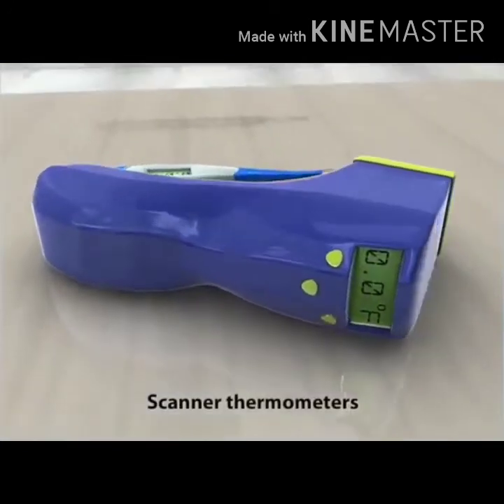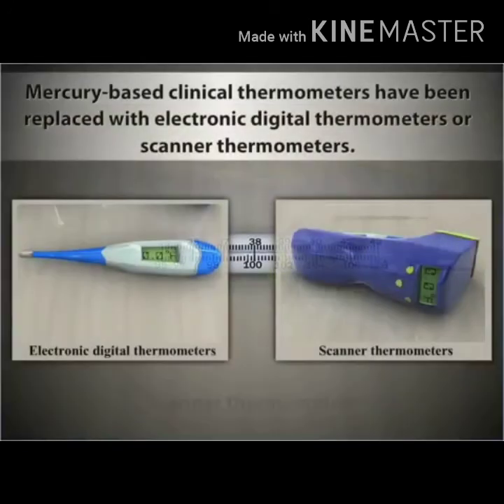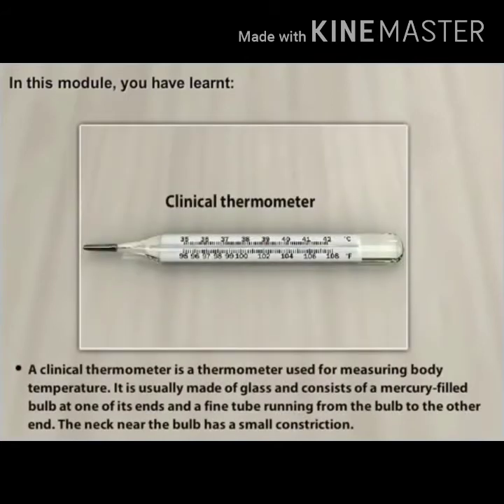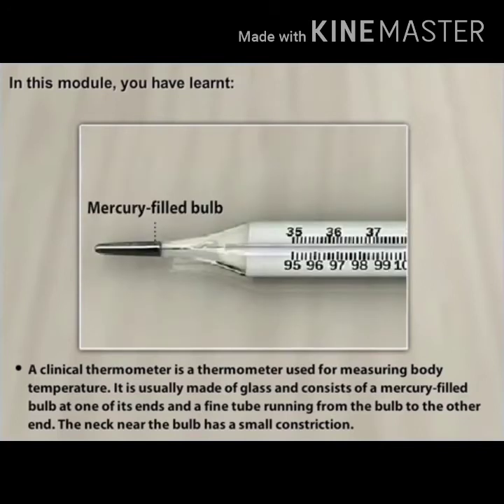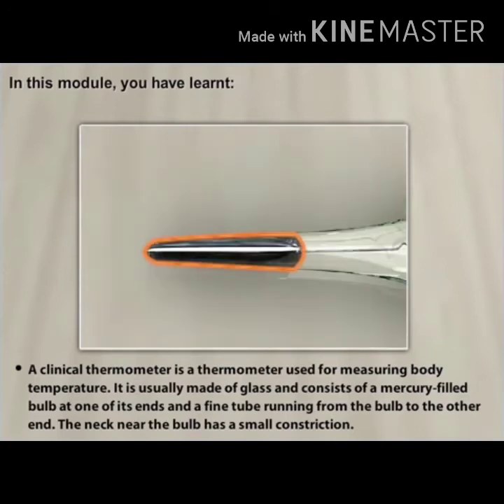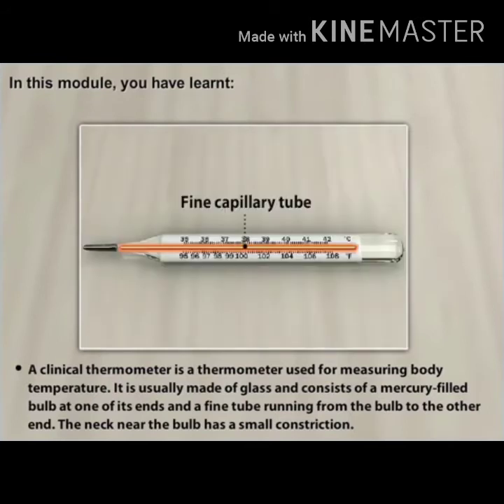In this module you've learnt a clinical thermometer is a thermometer used for measuring body temperature. It is usually made of glass and consists of a mercury-filled bulb at one of its ends and a fine tube running from the bulb to the other end.